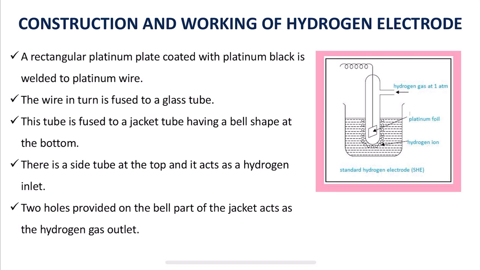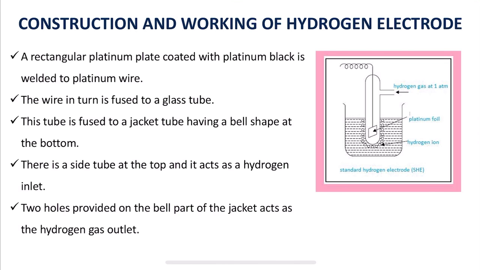So in my last class we understood about the electrochemical series. What are the applications of the electrochemical series? To calculate the EMF of a cell we use the electrochemical series, and to determine the feasibility of a reaction we use the electrochemical series. So what exactly is an electrochemical series? It is a series of electrode systems obtained by arranging them in the increasing order of reduction potential.